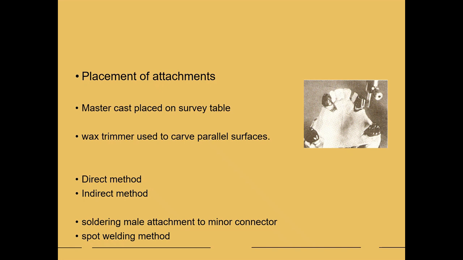Now we have to attach the male component. We design the RPD framework and then cast it, and then the male attachment has to be connected to the minor connector. The male attachment is soldered to the minor connector using the spot welding method. So this is the preparation of the abutment tooth for the attachment of the intracoronal attachment type.